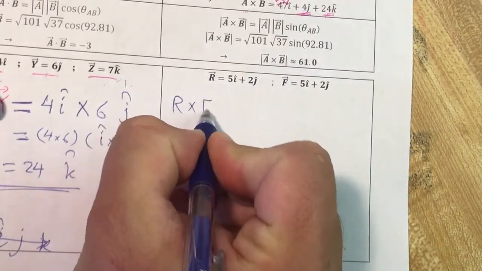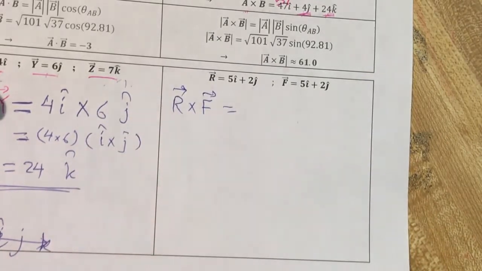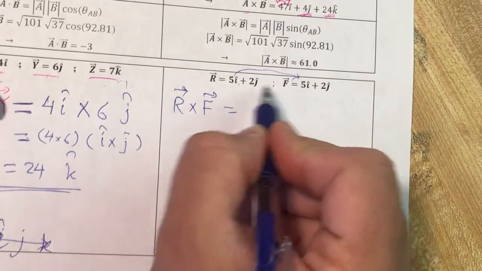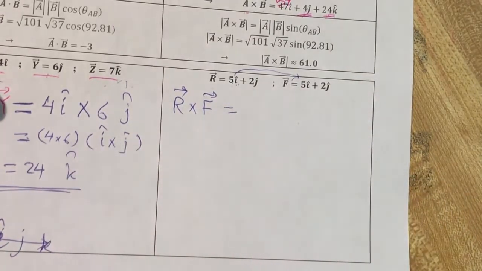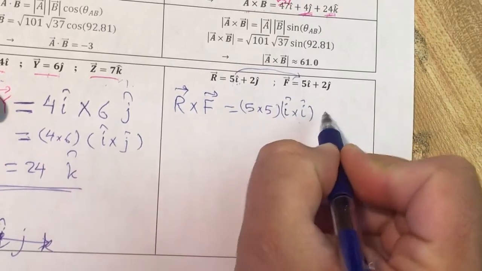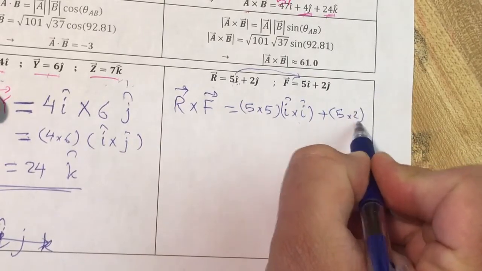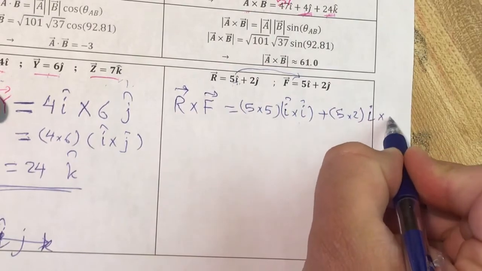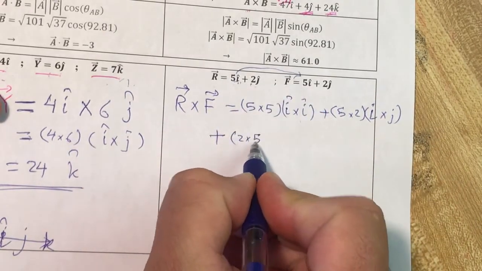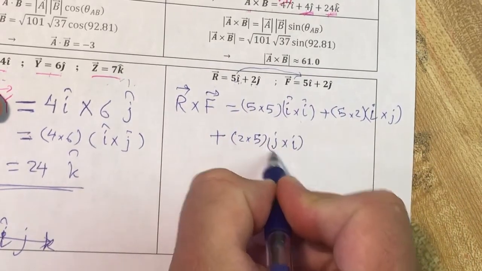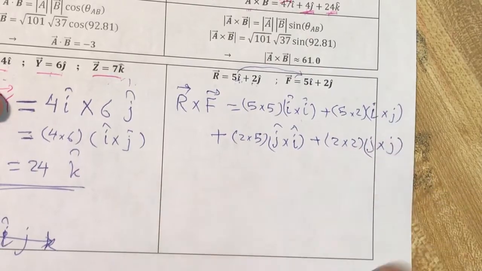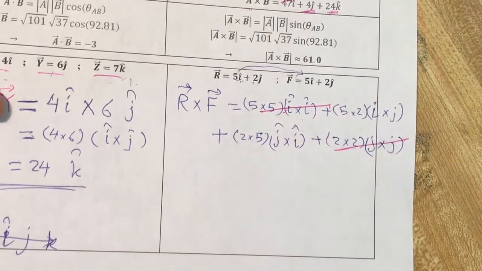Okay, R cross F is equal to 5 multiplied by 5, I cross I, plus 5 multiplied by 2, I cross J, plus 2 multiplied by 5, J cross I, plus 2 multiplied by 2, J cross J. I cross I is 0 and J cross J is 0.